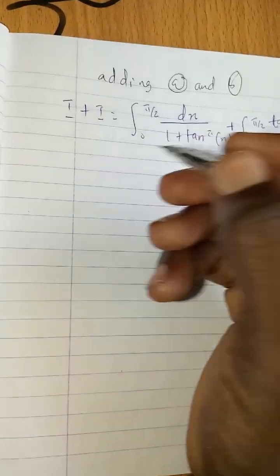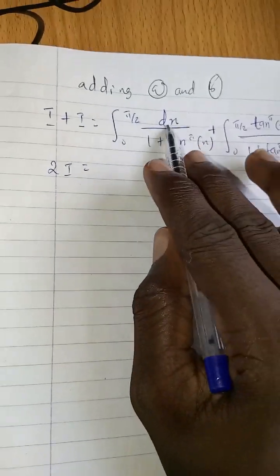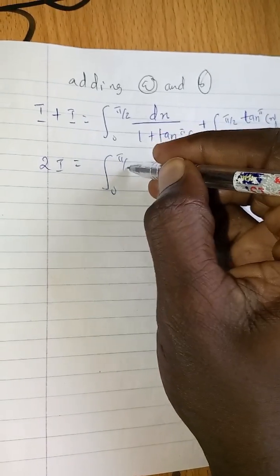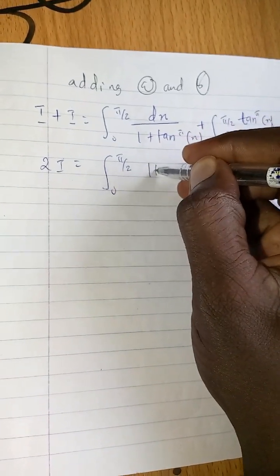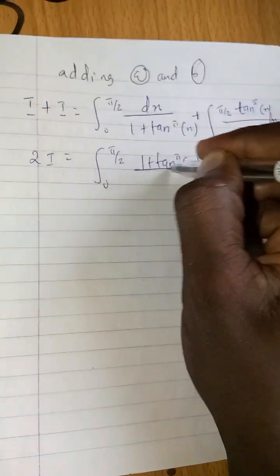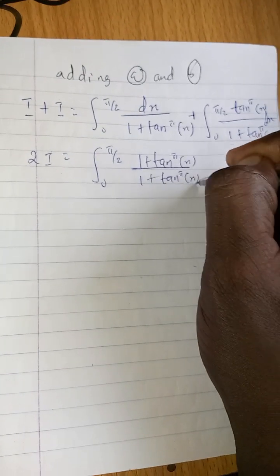So adding the two integrals together, I plus I is 2I. They have the same denominator, so we add the numerators: 2I is equal to the integral from 0 to pi over 2 of 1 plus tan raised to the power of pi of x over 1 plus tan raised to the power of pi of x dx.